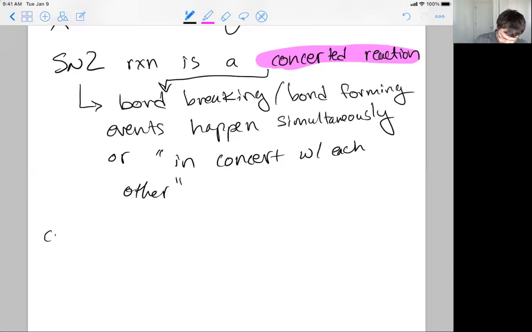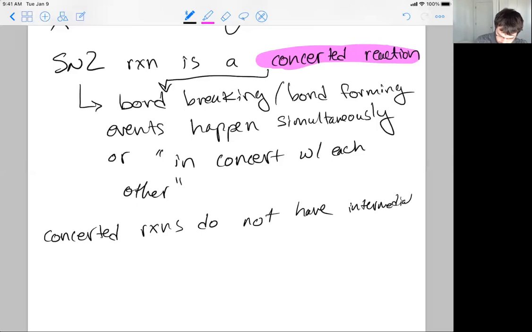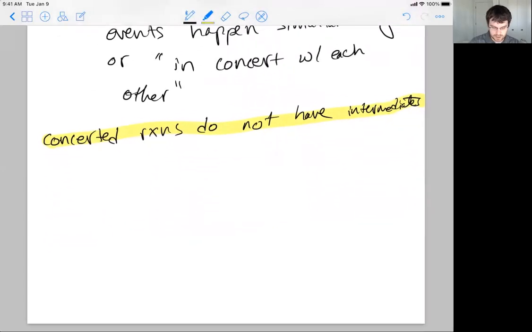Another way to think about this is that concerted reactions do not have intermediates. Now, with that in mind, let's consider the energy diagram for the SN2 reaction.